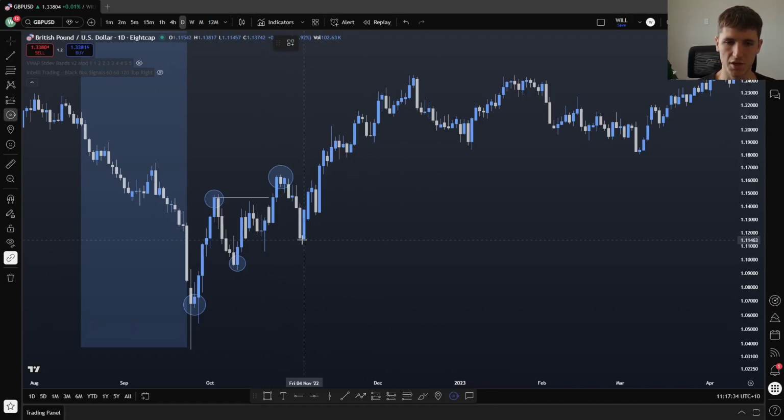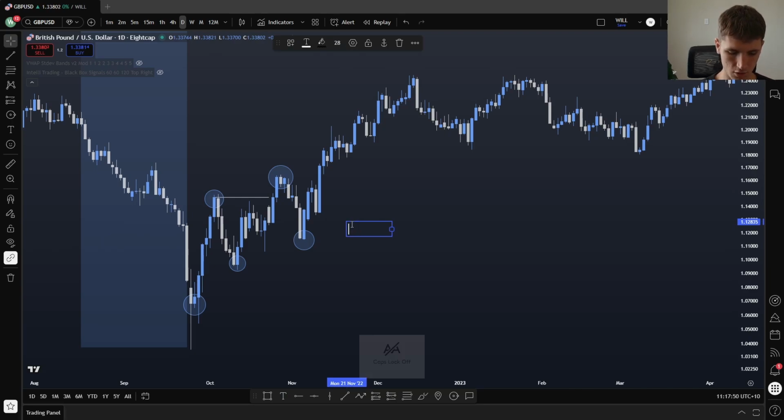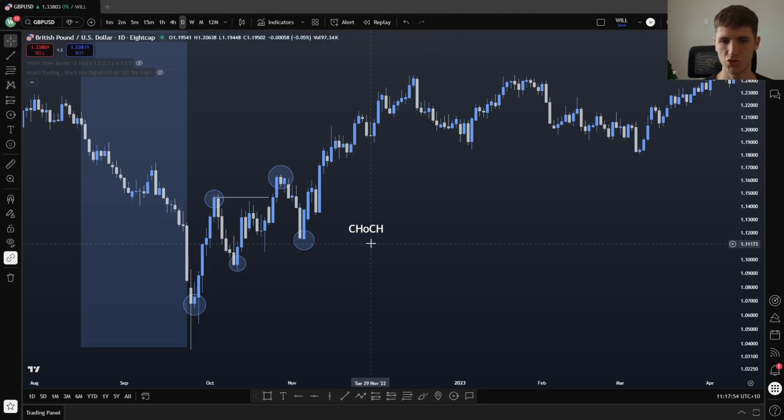Now, this low here is lower than the previous low. So this becomes a lower low. It is, in fact, a break of structure or a change of character. You might see this term a lot. CHOCH. That stands for a change of character, meaning we went from bullish market structure to bearish.